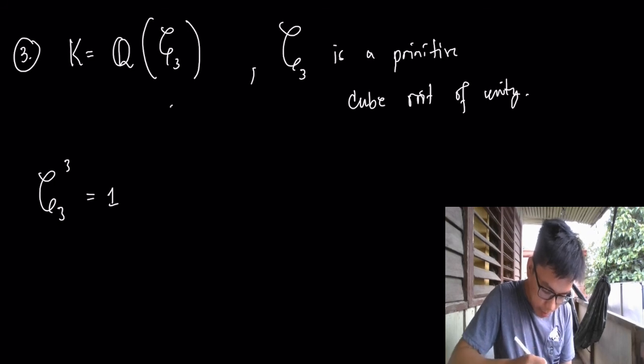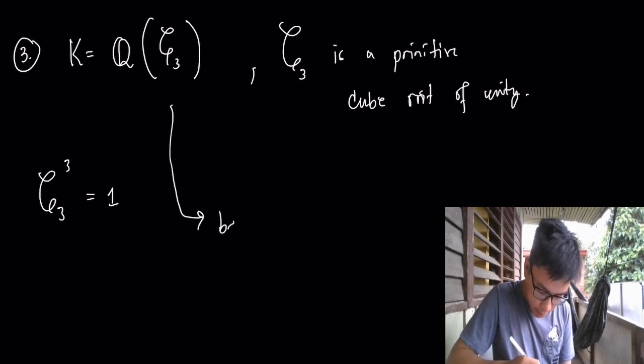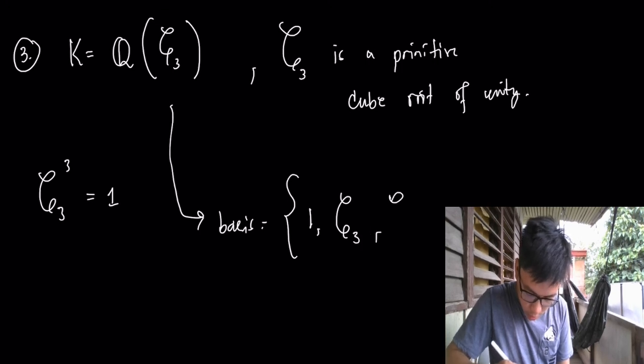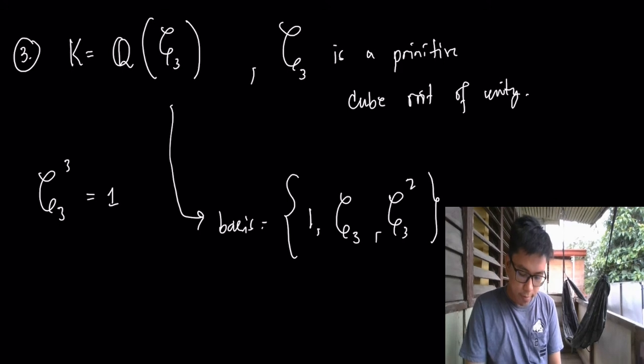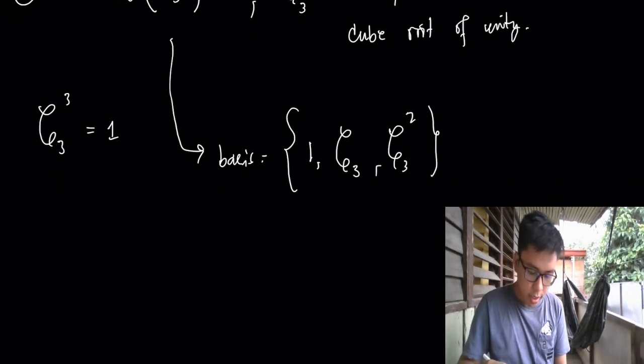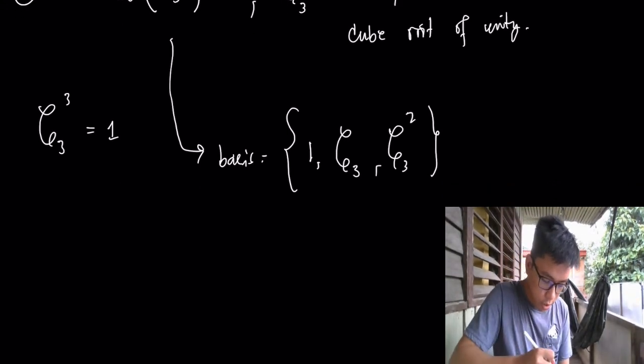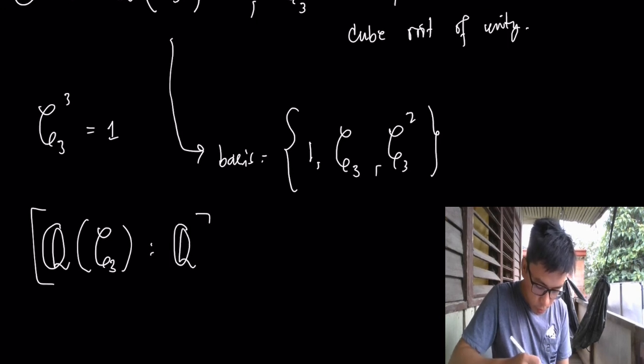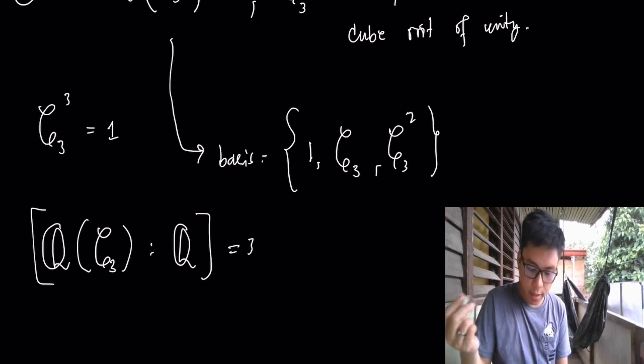So basically, the basis is you have 1, you have psi sub 3, and you have psi sub 3 squared. That's it. And so the dimension or the degree of Q of psi sub 3 over Q is actually 3.